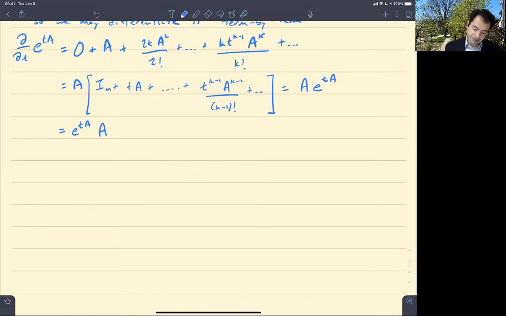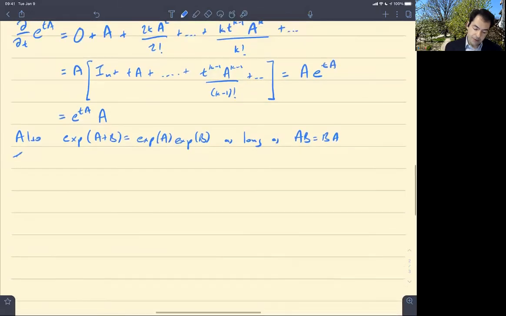In fact, we can say also, the exponential of a sum of matrices is equal to the product of the exponentials as long as AB equals BA, as long as A and B commute.